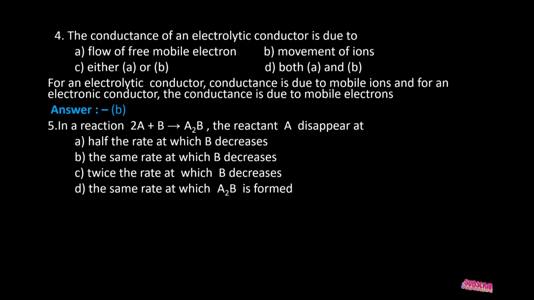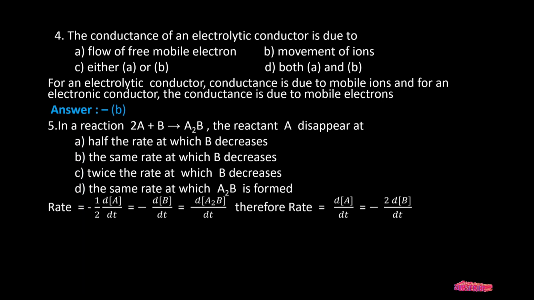Dear friends, the rate of this reaction is given by rate equal to minus 1 by 2 d[A]/dt equal to minus d[B]/dt, that is equal to d[A2B]/dt. Therefore d[A]/dt equal to minus 2 into d[B]/dt. That is, the rate of disappearance of A will be equal to twice the rate at which B disappears, that is, B decreases.